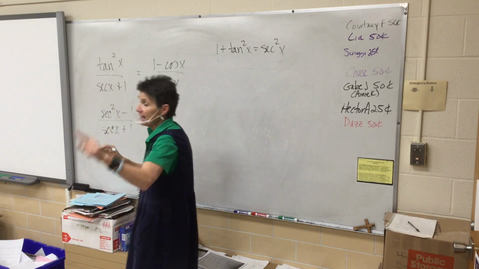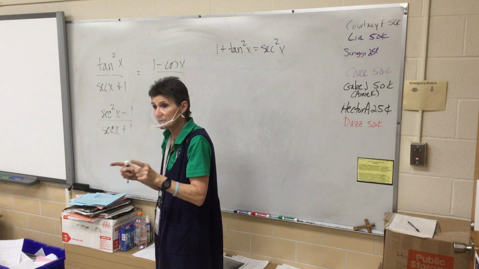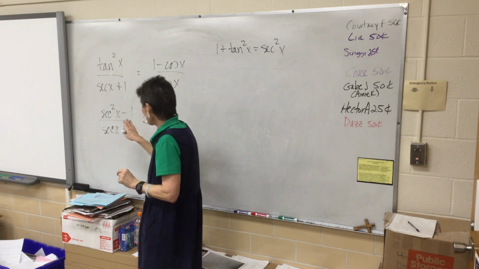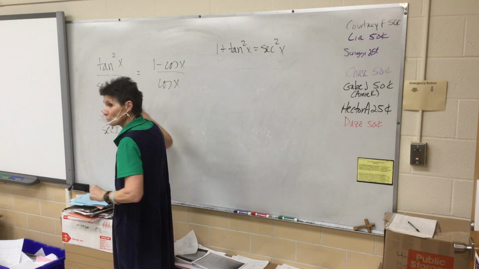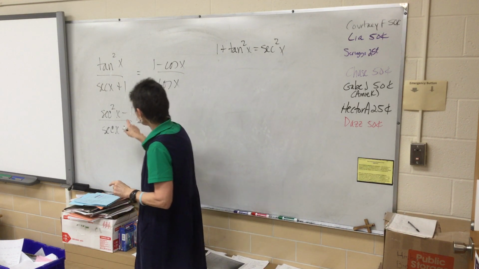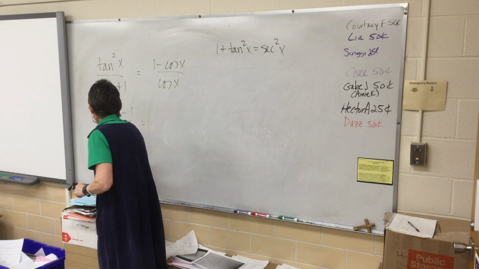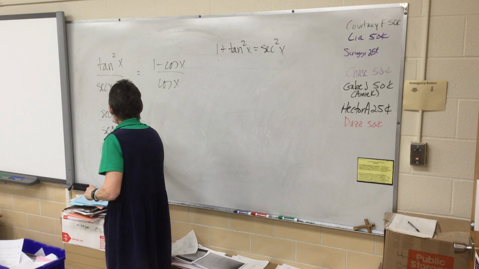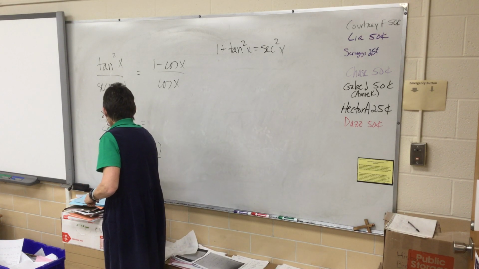Exactly. Yes, yes. At this point, don't you dare cancel. Remember, you can't cancel when there's adds and subtracts unless the whole shebang goes, and it can't. They're not the same. So instead, you're going to notice you've got the difference of squares up there. So that's secant minus 1, secant plus 1, in either order. Remember, that doesn't matter. Over secant plus 1.